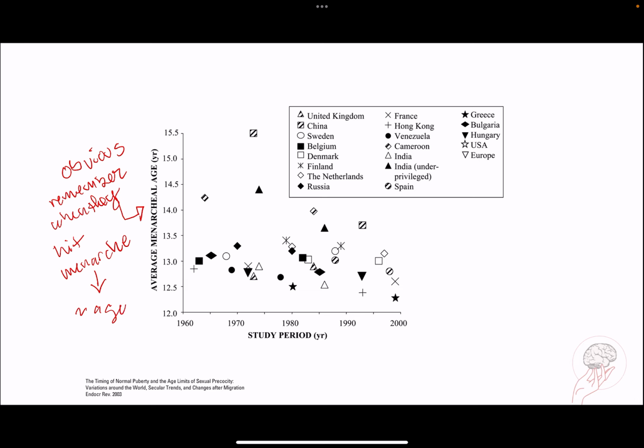So here we see across a lot of different countries that the average age of menarche has been declining, meaning that girls are going through puberty at younger ages. And particularly, if we look at China, in the 70s, China was up at around 15. However, with westernization, we see that it dropped dramatically in the 1990s.